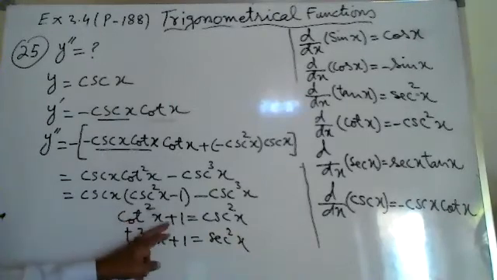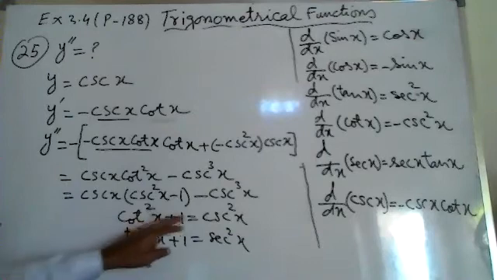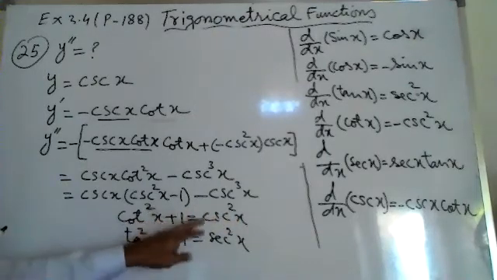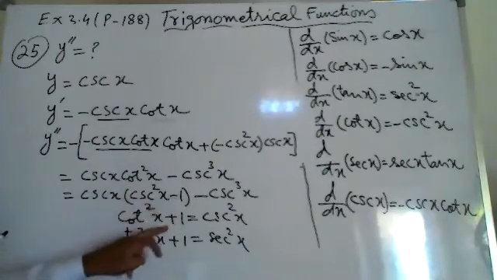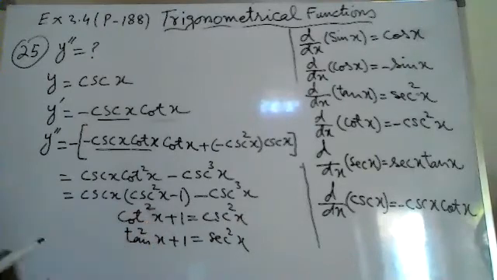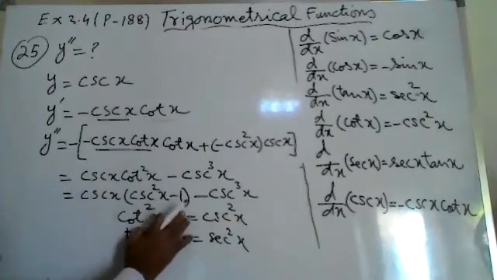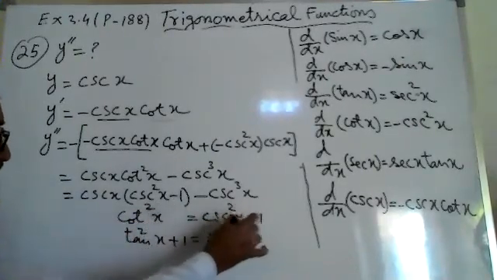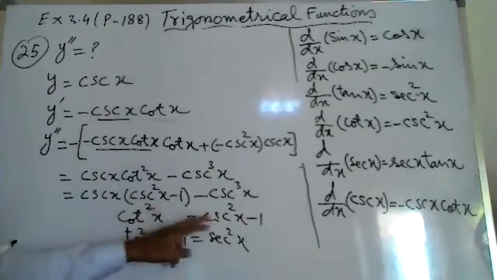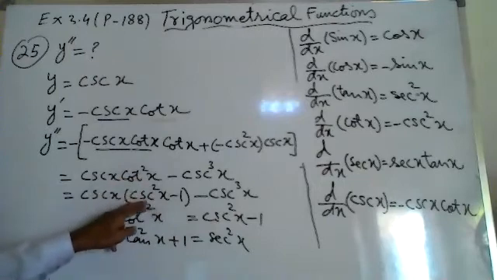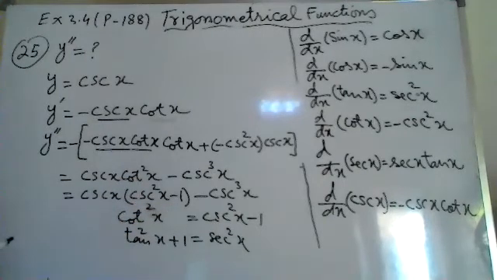If I shift 1 on that side, here will be left cot square x is equal to cosec square x minus 1. So cot square x is replaced by cosec square x minus 1.